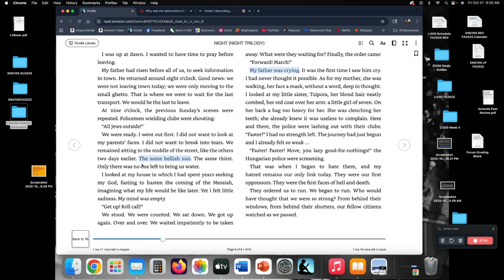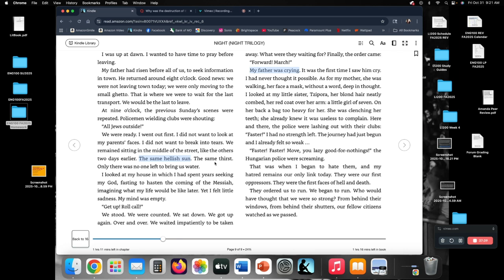Here they are staring at, I want to look at this image, the same hellish sun. Hellish sun is actually an oxymoron. Because hell is dark, sun is light. Hell is death, sun is life. So again, with the contrast, right?